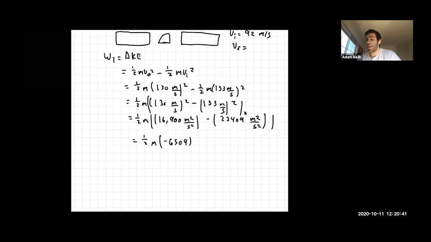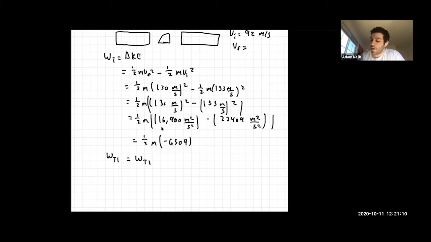Well, at this point, if I know the work done on this bullet, and I said earlier that the work done on the second bullet has to be the same because the plank is what's doing the work on it, and the plank is identical in both situations, then I know that this is WT1 from the first, equal to WT sub 2. I can set what would have been this formula for this bullet equal to this value, because the work done on each bullet should be the same.